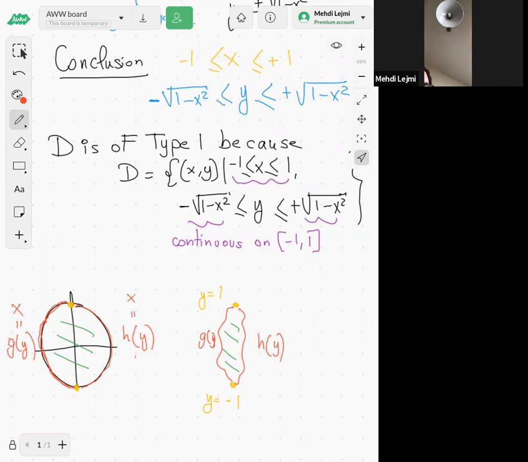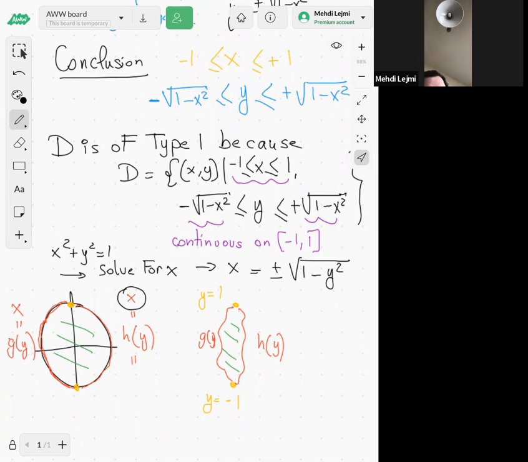So we have to solve, again from my circle, for x, because I need to find the equation of x as some function of y. If you solve for x, we're going to have the same thing: plus or minus the square root of 1 minus y squared.